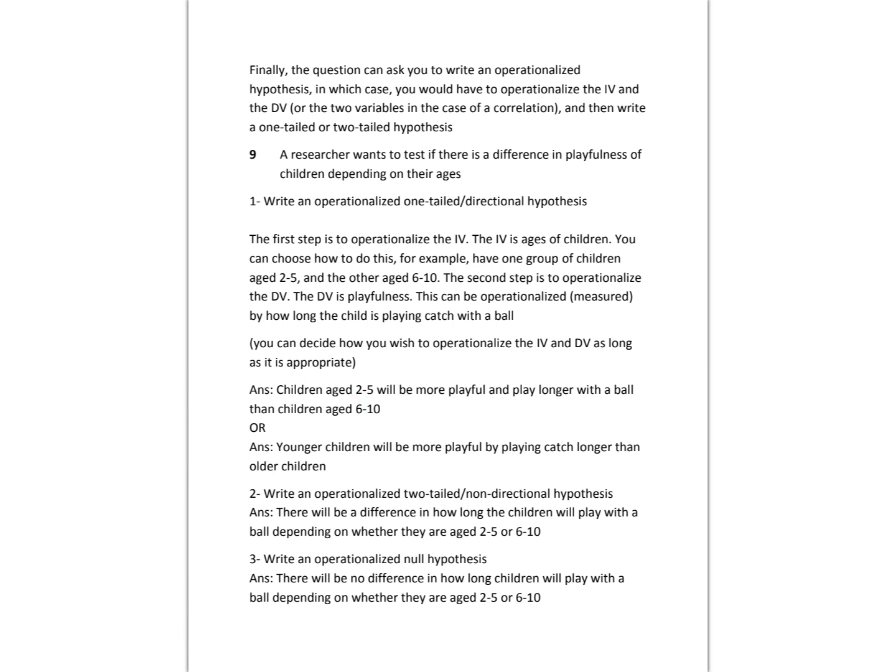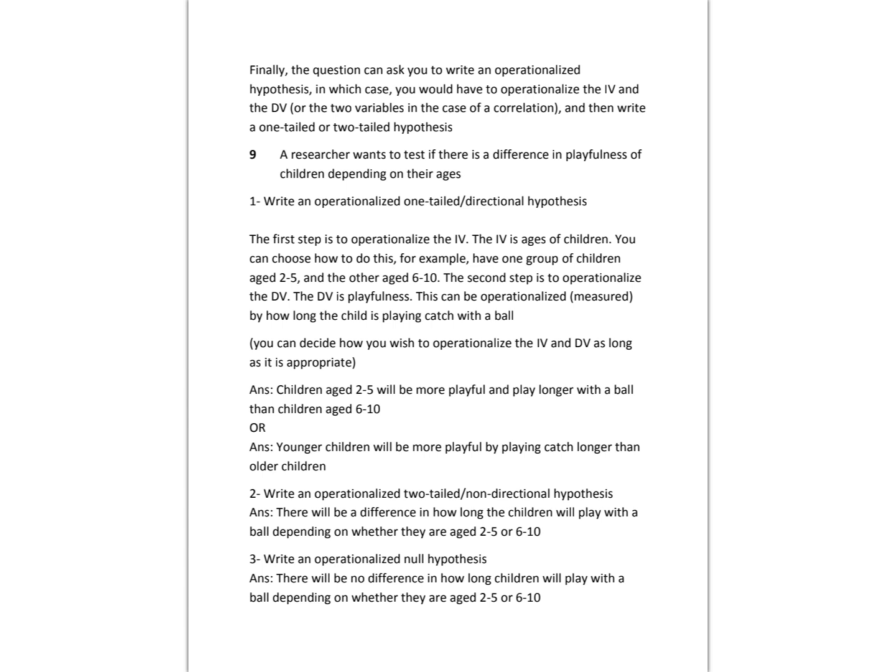Okay, I'll repeat. If I say children aged 2 to 5 will be more playful than children aged 6 to 10, and I don't add the part about playing longer with the ball, then I haven't operationalized the DV of playfulness. This is very important. I have to say how they are more playful by saying they will play longer with the ball.